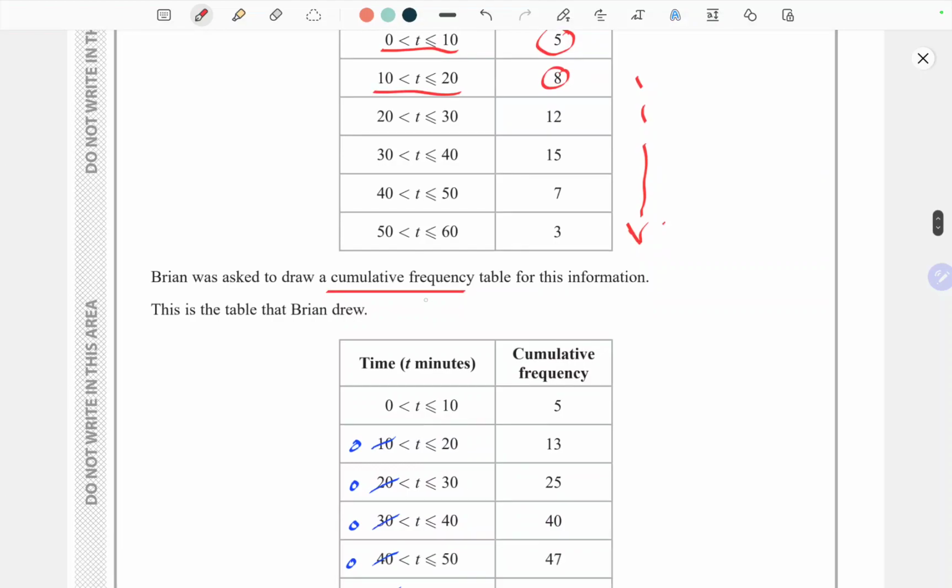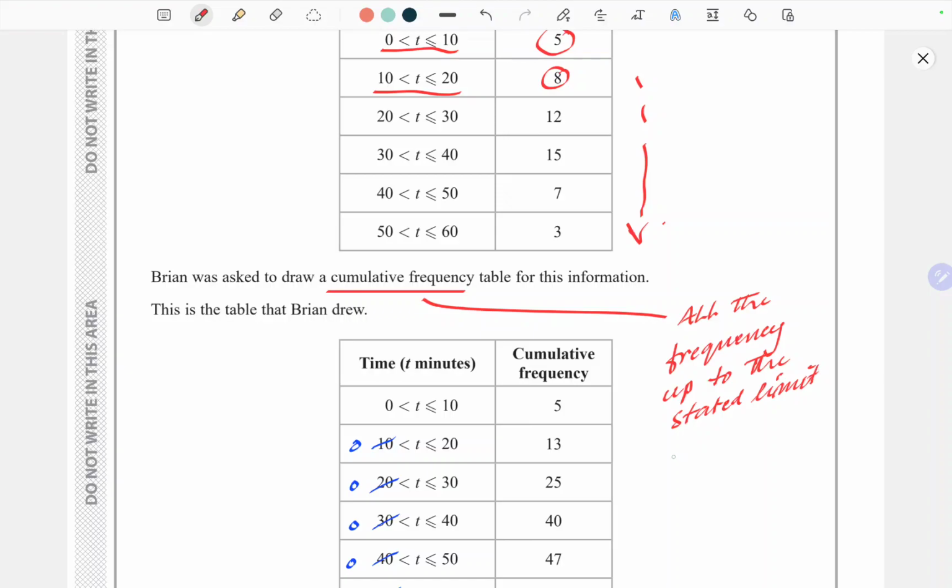So cumulative frequency table means all the data or frequency up to the stated limit.